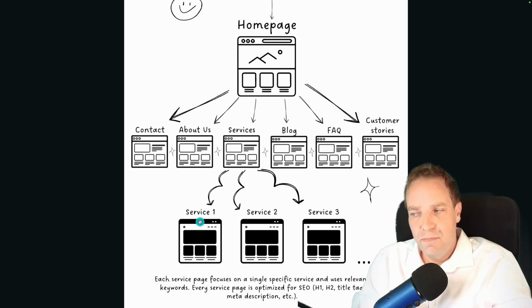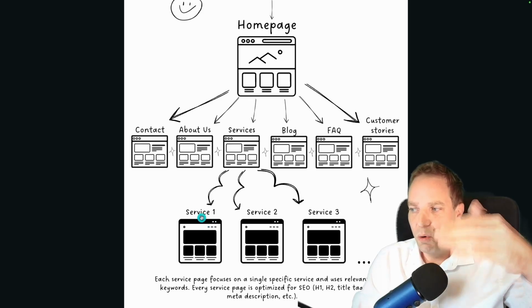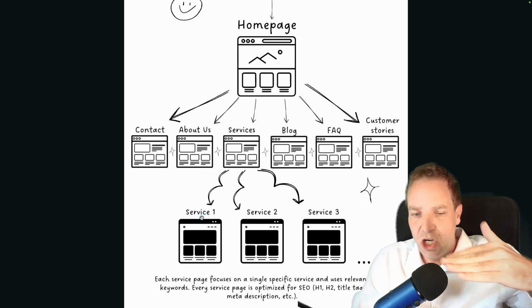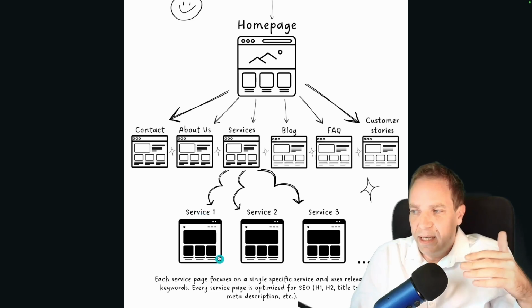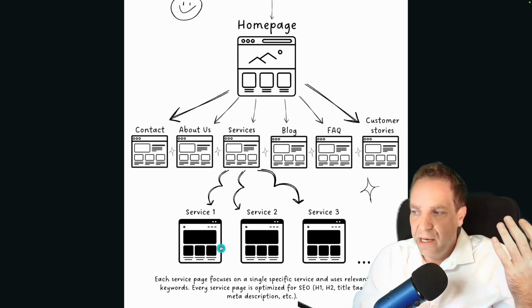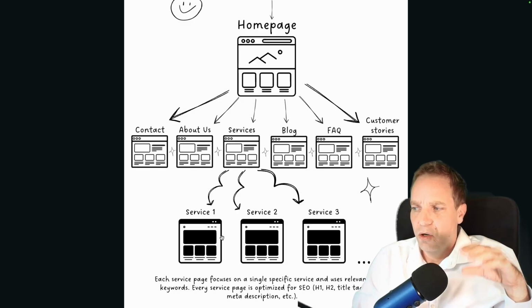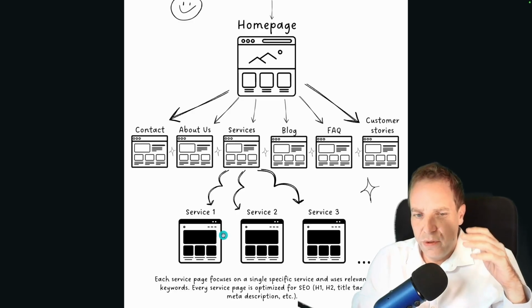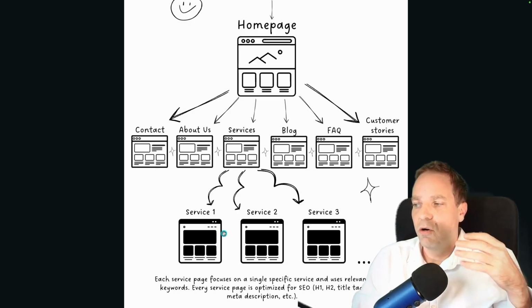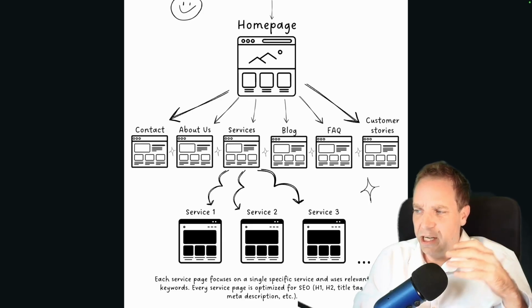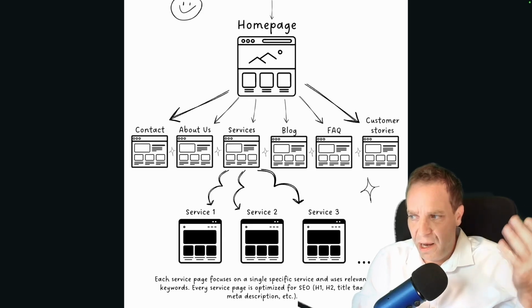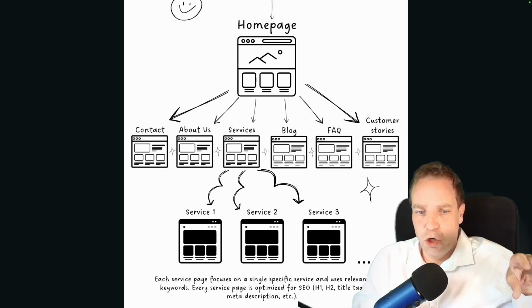When we put all our services on one page, then Google doesn't know exactly what we are offering on this specific page, and then Google doesn't want to show this page because Google is not sure what this page exactly is all about, and then they will show the page from our competitor.